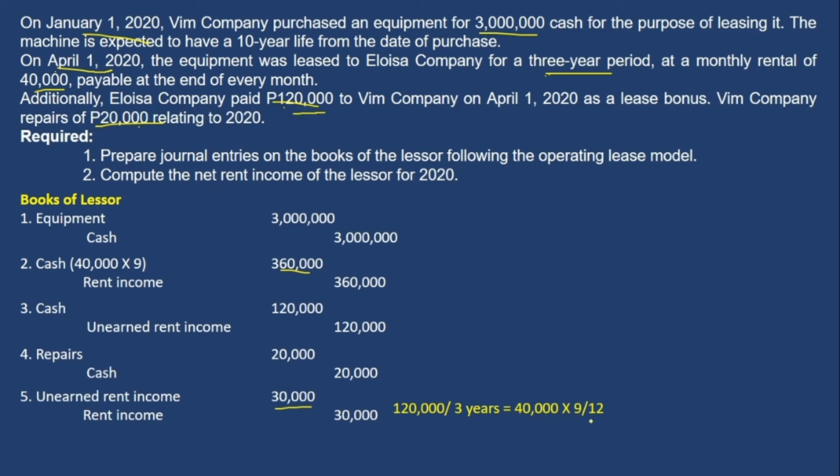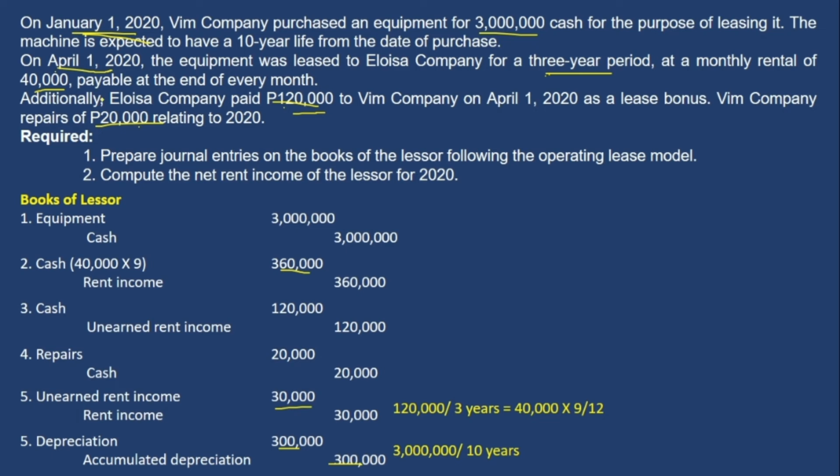Next is the depreciation. Debit depreciation of 300,000 and credit accumulated depreciation of 300,000. So, how do we get 300,000? Simply, 3 million divided by 10 years, its expected life. Note that the depreciation is from the date of acquisition, which is January 1, 2020, and not from April 1, 2020, the date of lease.